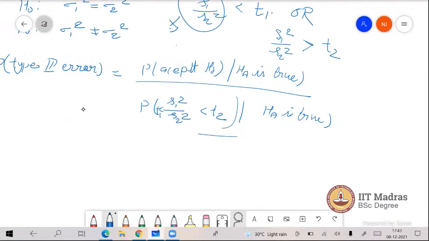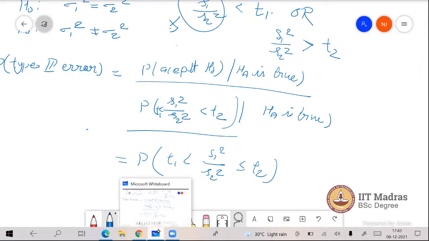How will you find this probability? Anyone? Am I audible?